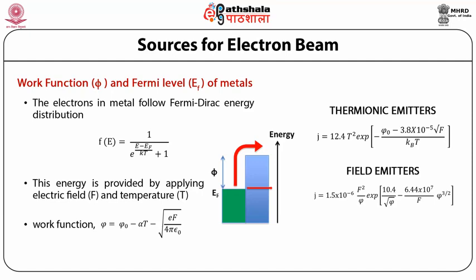In photoemitters, energy is given to electrons by incident radiation of photons. Only photoelectrons generated close to the surface are able to escape from the material.